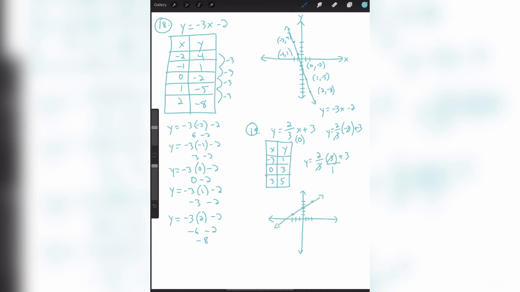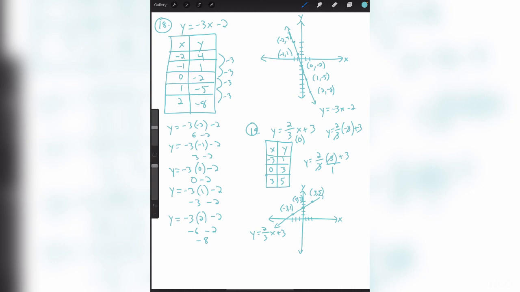All right. So I have -3, 1. I have 0, 3. And I have 3, 5. The equation for my line is y is equal to 2/3 x plus 3. I'll label my y-axis, label my x-axis.